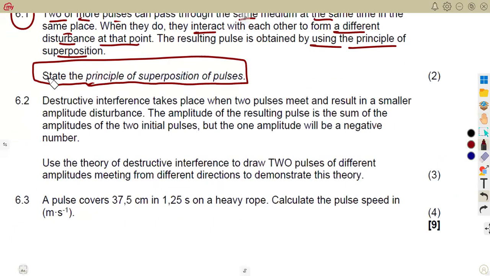So in this case, we are given 6.2, destructive interference, take note, takes place when two pulses meet and result in a smaller amplitude disturbance. Remember, the constructive is the one that will give us something bigger at the end after the interference.